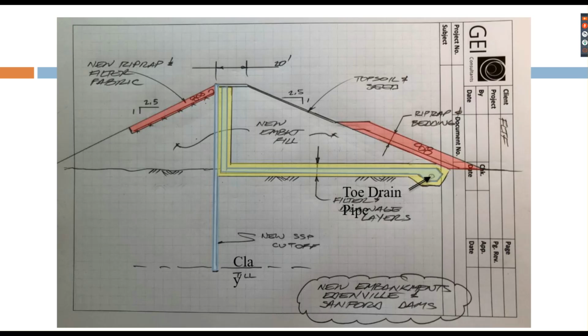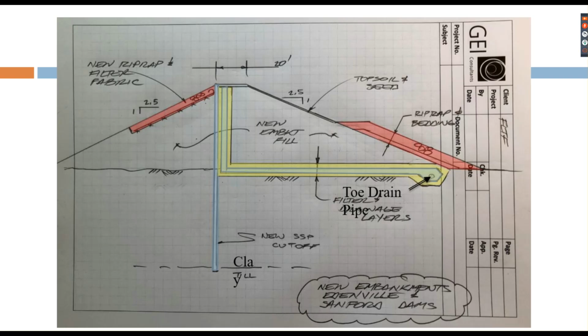Right now we're planning on the new embankment having a sheet pile cutoff wall for the entire length of the embankment. What a sheet pile cutoff wall does is it helps deter and reduce the amount of water that seeps through the dam. So it essentially enhances the safety factor for the embankment.